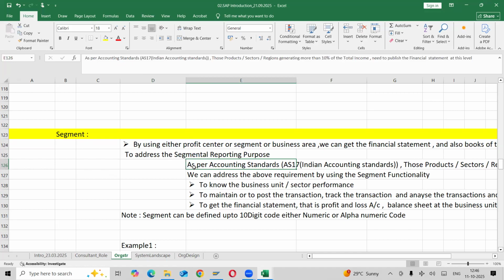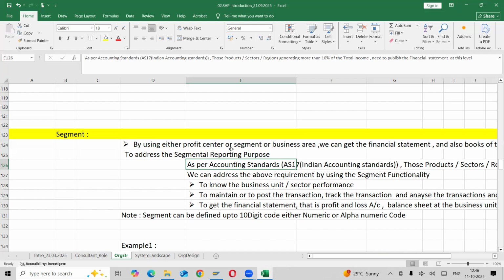As per accounting standards, which is very important, AS17, if you check the Indian accounting standards, those products or sectors or regions generating more than 10% of the total income, need to publish a financial statement. Your total company is generating 100 rupees.